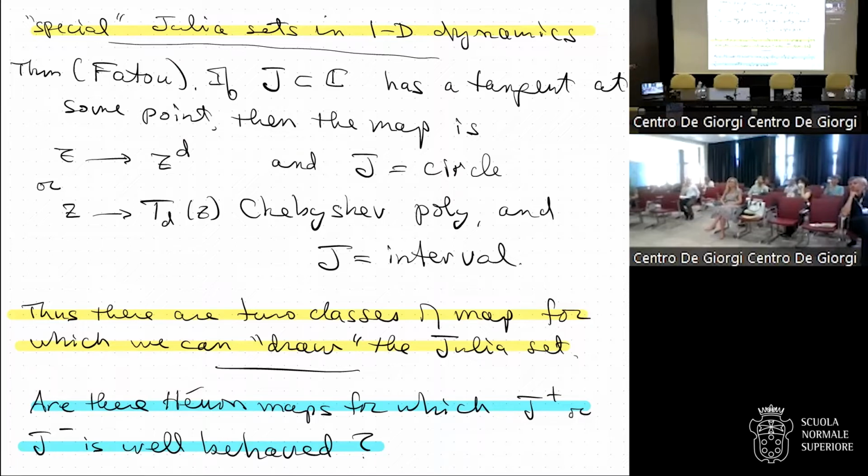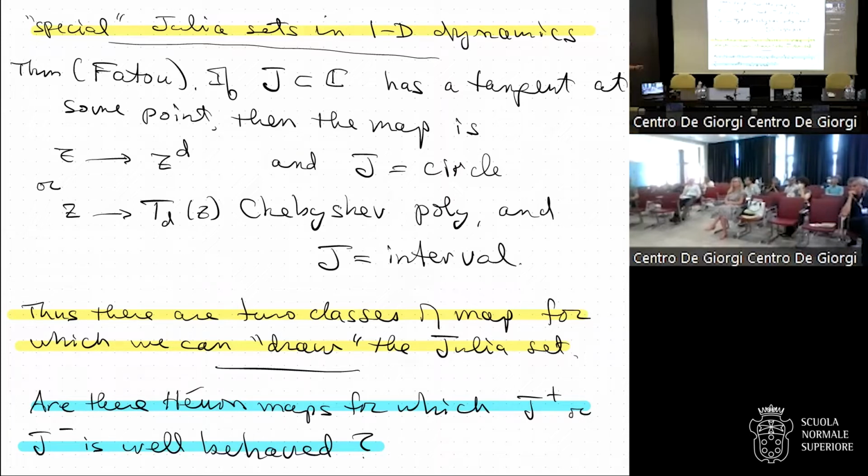But if it actually has a tangent at just one point, then in fact the mapping is either going to be z goes to z to some power d, and then your Julia set is a circle, or it could be a Chebyshev polynomial, and then your J would be an interval. And so you have actually two. If you're going to study things, you might want to start with these two very special cases and see if you can understand them very well.